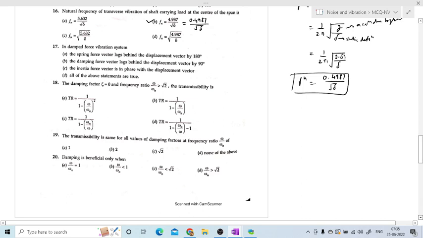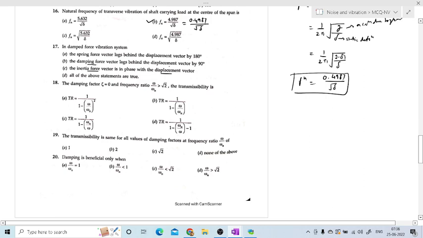In a damped forced vibration system, they have given statements, and we will have to give the correct statement. See, the spring force vector lags behind the displacement vector by 180. The damping force vector lags behind the displacement by 90. The inertia force vector is in phase with the displacement. Yes, all the statements are true. Force and displacement are in phase, that is 0, which we saw above also.